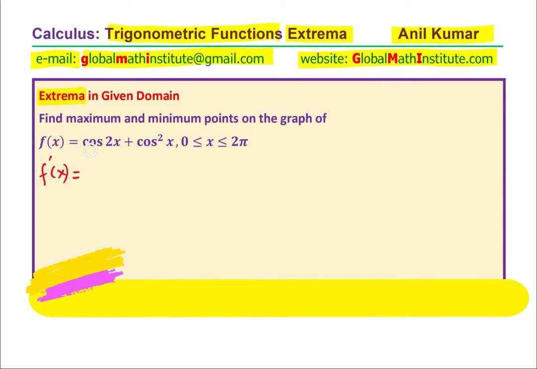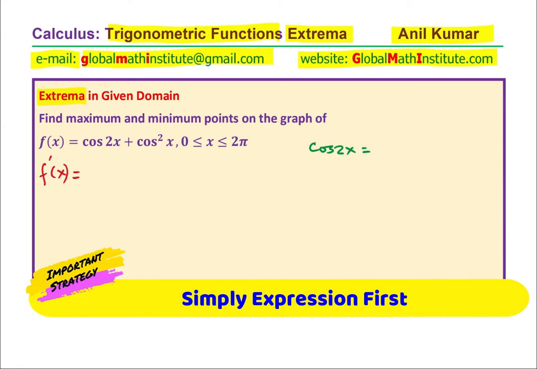Okay, now how do we do that? You know what cos 2x is, right? Cos 2x can be written as 2 cos square x minus 1 using the double angle formula. Now from here, you can write cos square x in terms of cos 2x. So let's rewrite this.